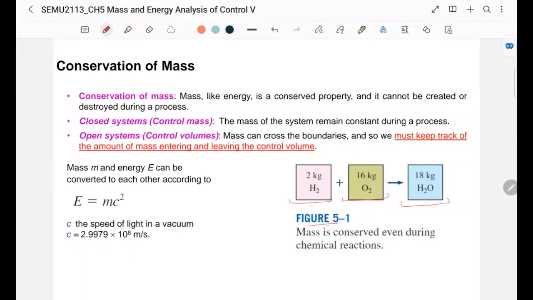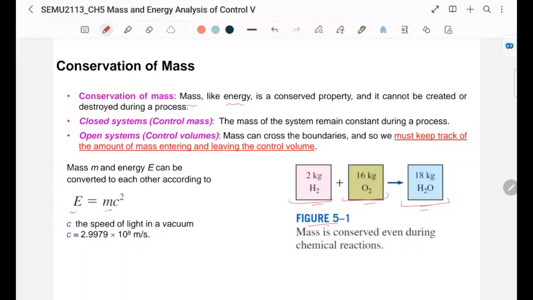In a way, it's almost like the chemical equation, the equilibrium equation that you are writing in your chemical class. So the mass is always conserved. And mass and energy, some of you probably know, is interchangeable according to this equation here. We wouldn't go into too much detail, but because they behave similarly, they can convert into one another. So therefore, when energy is conserved, mass must be conserved as well.